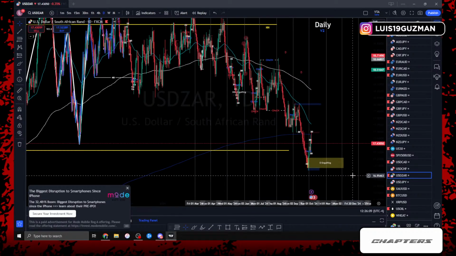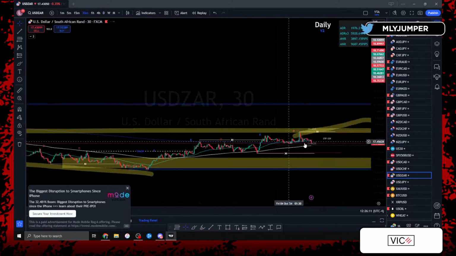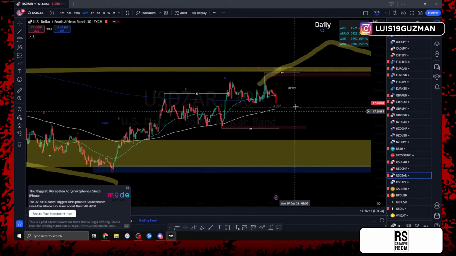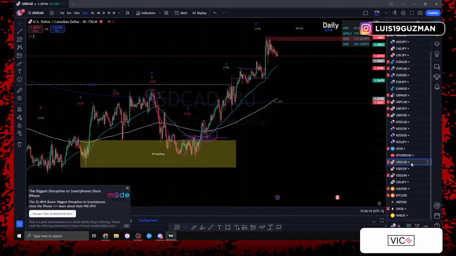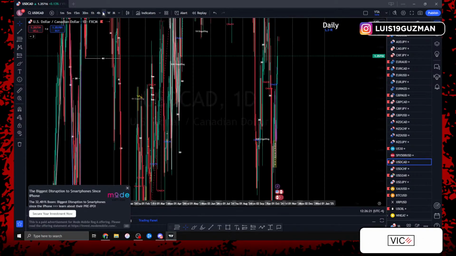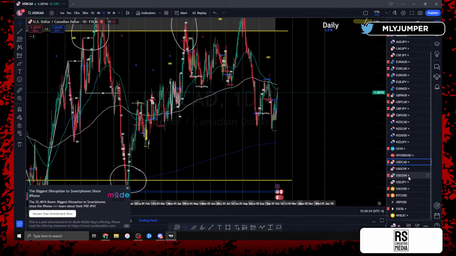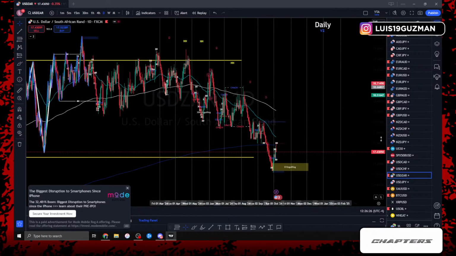But USDZAR, this could be a really nice zone to start looking for a pullback for price to continue. Right, once we get this pullback, we'll continue these pushes up to the top side. USDCAD too, this is very similar to USDZAR, right?